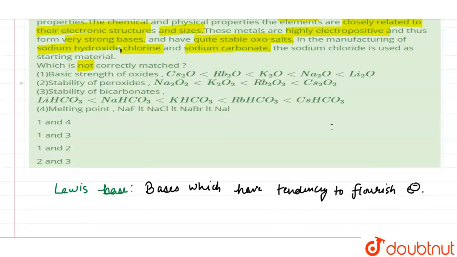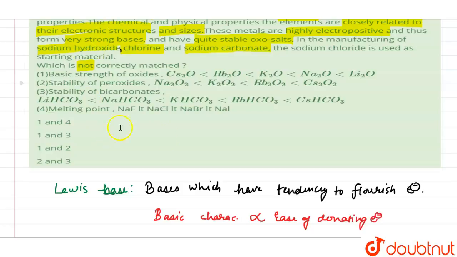So the basic character of any substance is directly proportional to the ease of donating electrons, right? Ease of donating electrons.